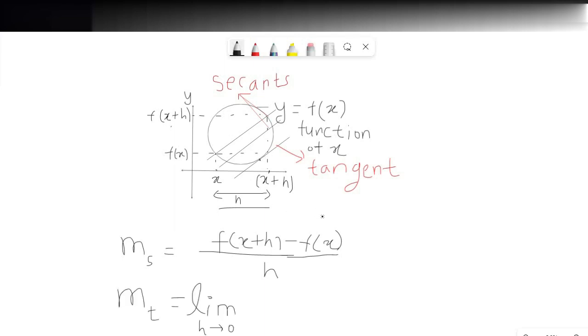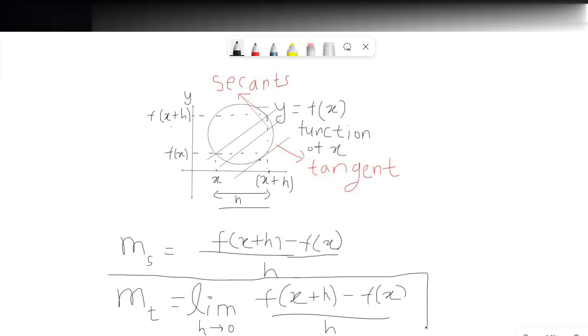So the expression of the gradient of the tangent would be m_t equals the limit as h tends to 0 of this expression right here. So this would be the gradient of the tangent at any point on the circle.